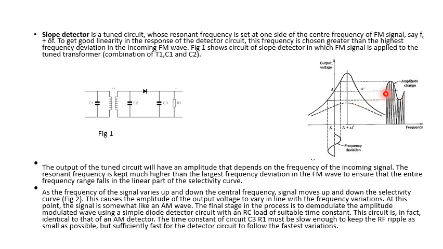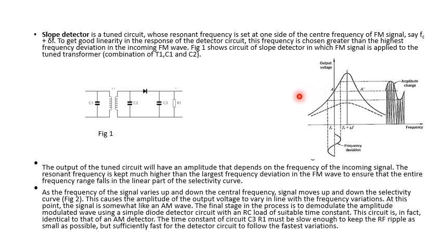Therefore, we can say that the amplitude of the RF variations, these are the RF variations, changes according to the change in the frequency of the FM signal. So we can say that the envelope of this wave is the message signal or the modulating signal.